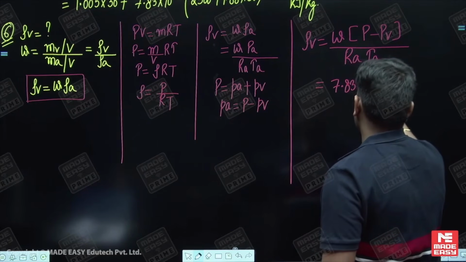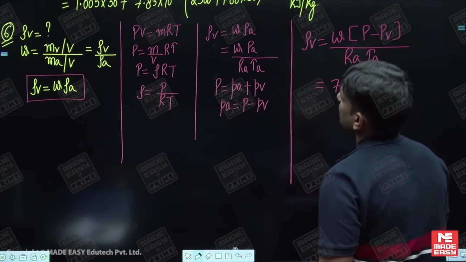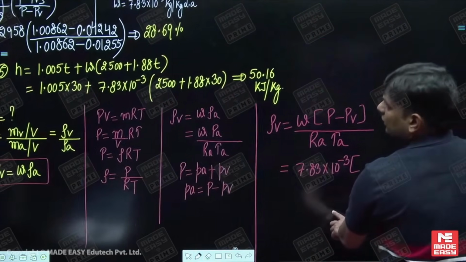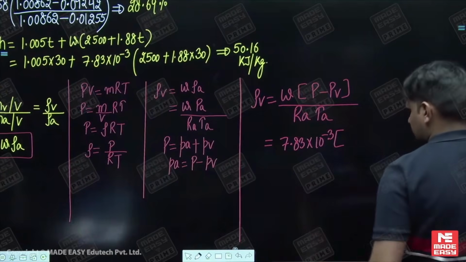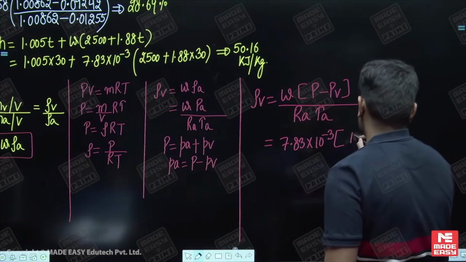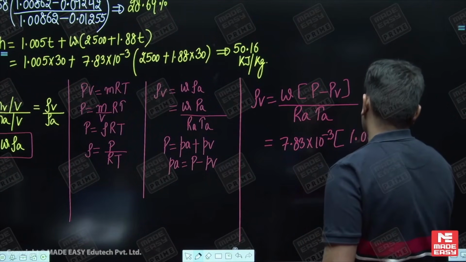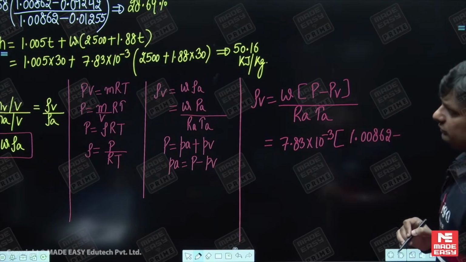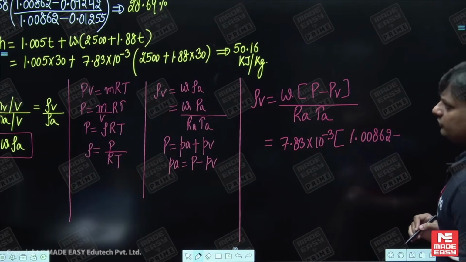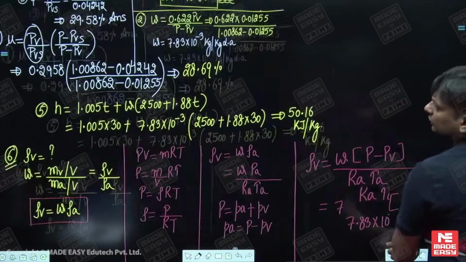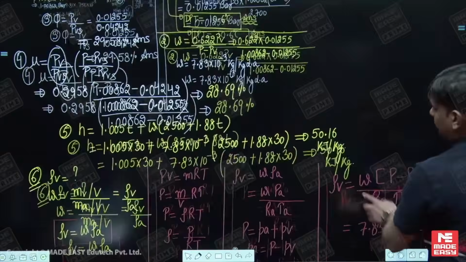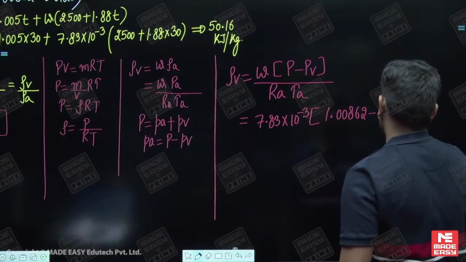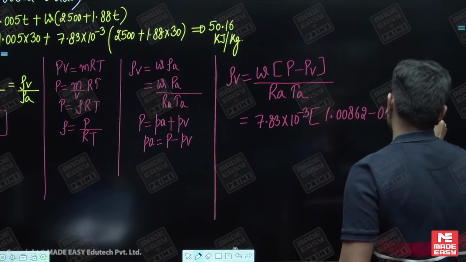Total pressure is 1.00862, but that is in bar. And PV is 0.01255, and these are in bars.